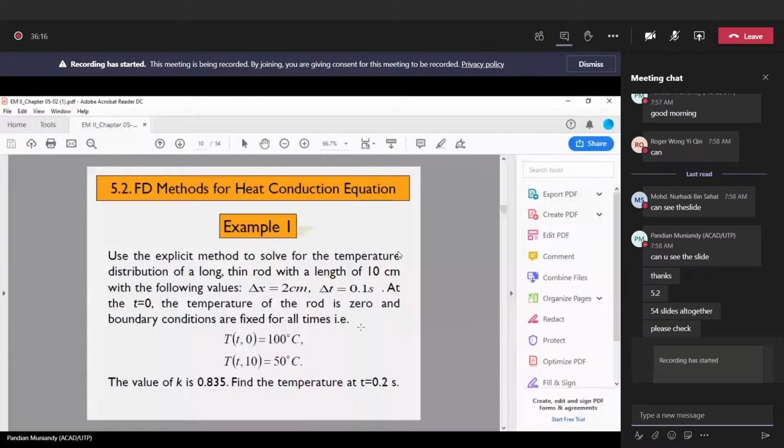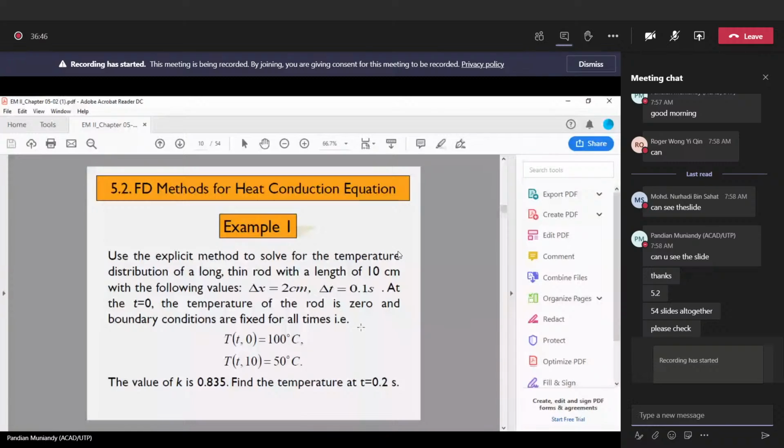Now, this is the problem we already solved last week, but I will run through the slide quickly because we are solving the same problem using three methods: explicit method, implicit method, and Crank-Nicolson method. So one problem, the heat conduction equation, you can solve with the three methods. If you are asked to solve using any method, you can select. Why do we give three methods? Because there is improvement and enhancement in the final output.